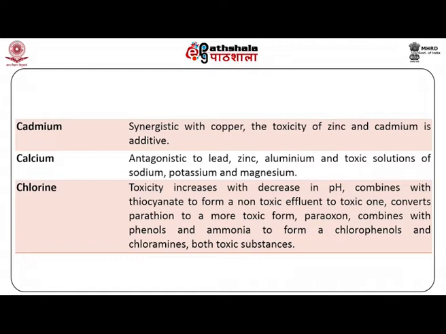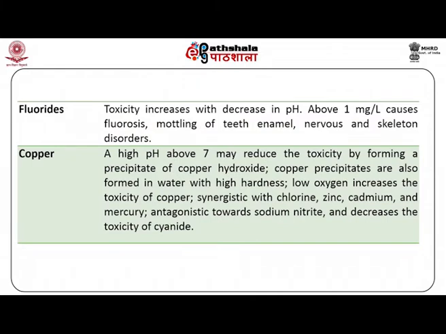Chlorine combines with thiocyanate to convert a non-toxic effluent to a toxic one, converts parathion to a more toxic form, paraoxon, and combines with phenols and ammonia to form chlorophenols and chloroamines, both of which are toxic in nature. The fluoride toxicity increases with decrease in pH, and fluoride causes fluorosis, mottling of teeth enamel, nervous and skeleton disorders.